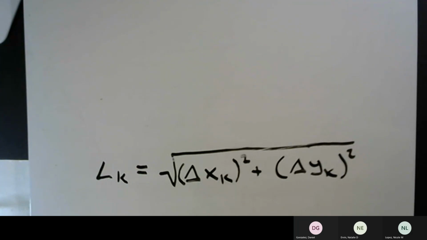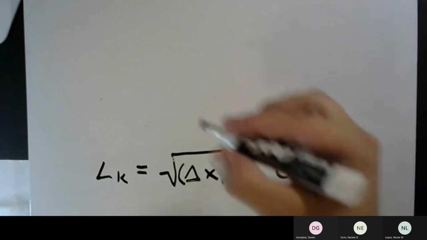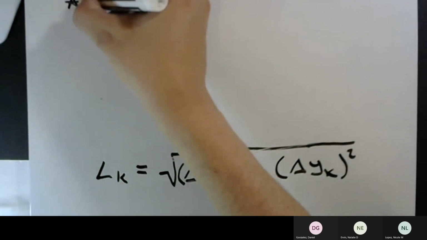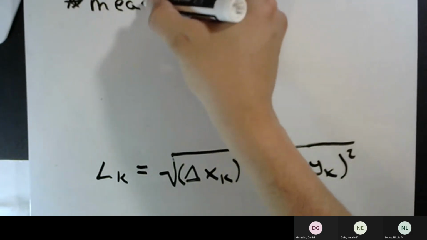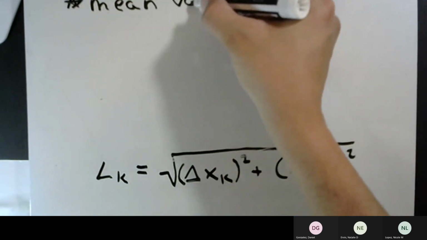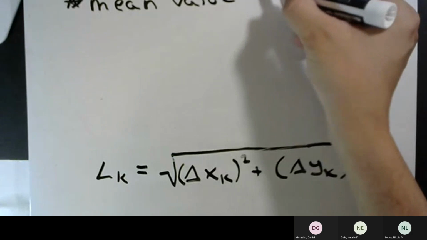The trick's going to be this. It's the mean value theorem. And we've seen this before.